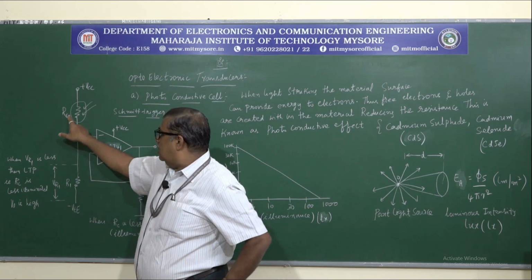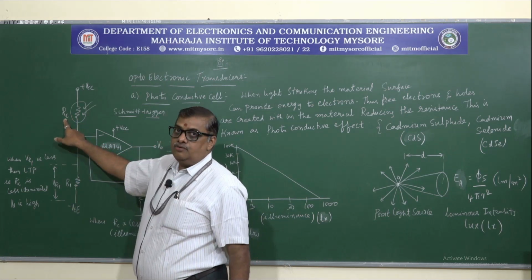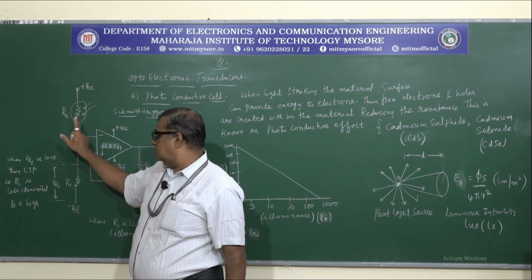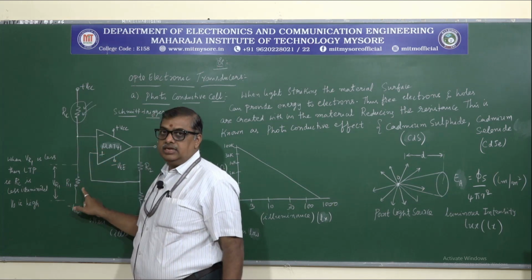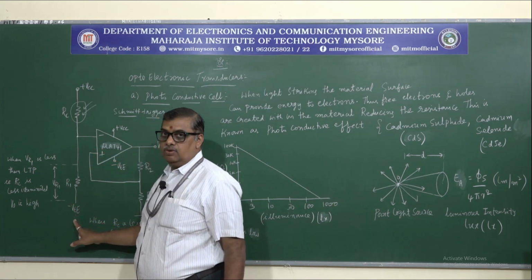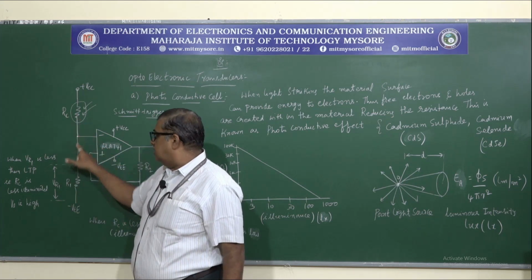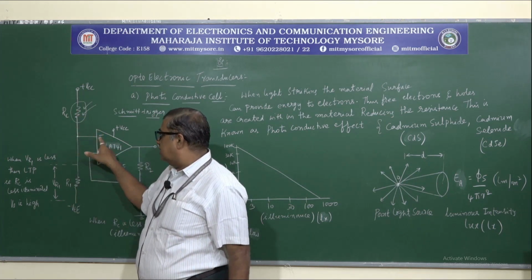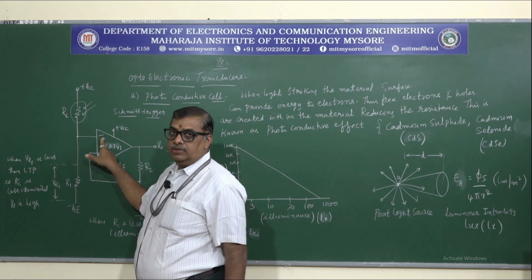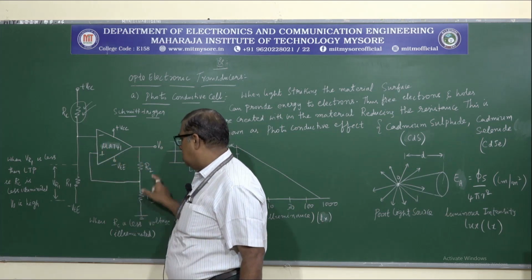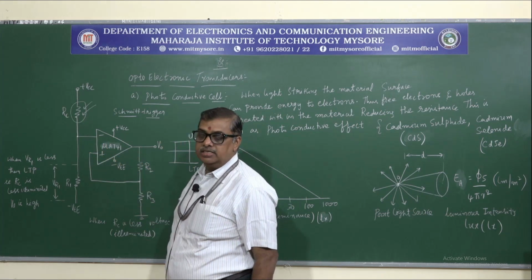RC represents the photoconductive resistance, and R1 is the resistance connected to the negative voltage. The voltage across these two is connected to the inverting terminal of the op amp, and R2 and R3 provide the gain.